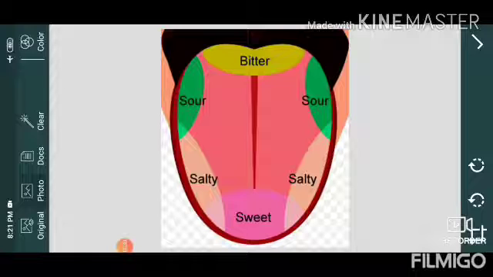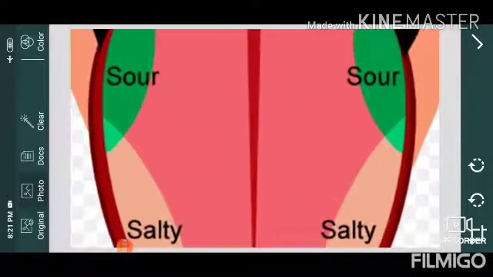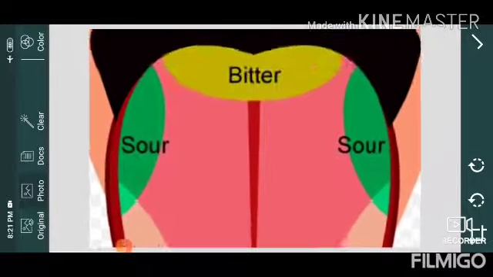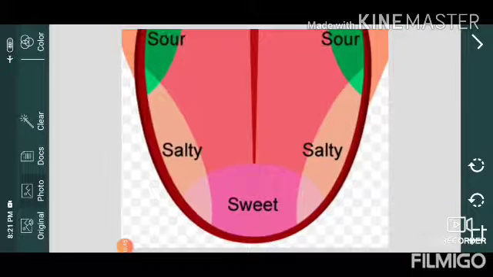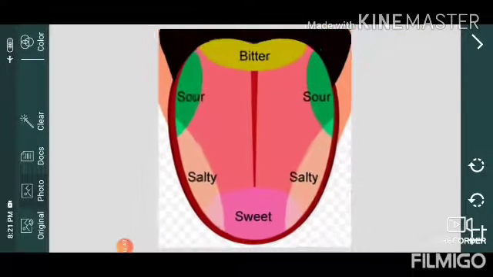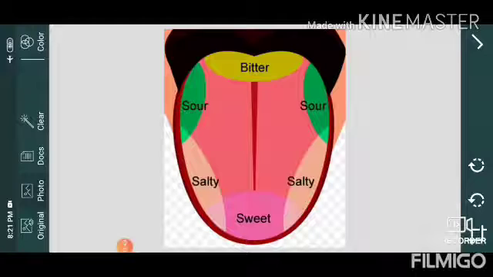The center part, which is completely pink, is where we experience the spicy taste. You can go through each of this. This is how our taste buds are situated in our tongue.